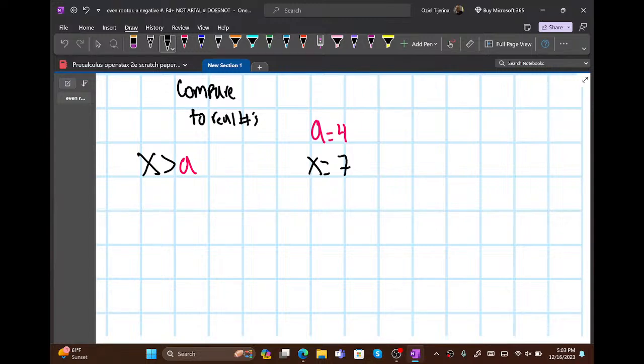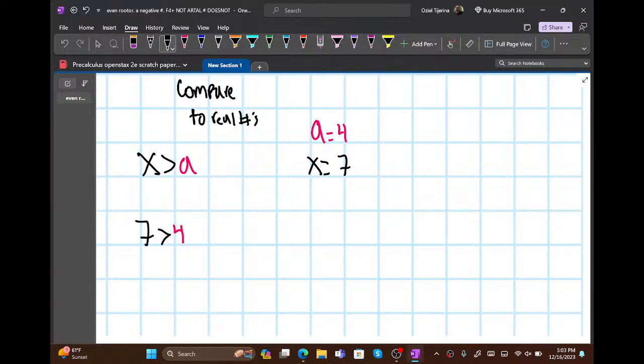So if I say this, it's really saying the following. We know that 7 is greater than 4, right?